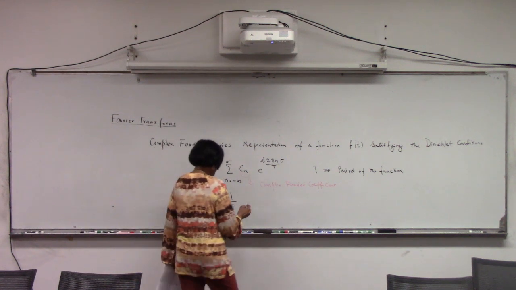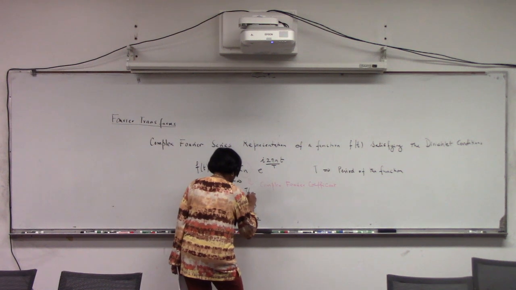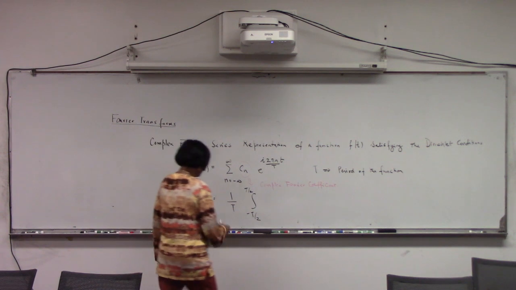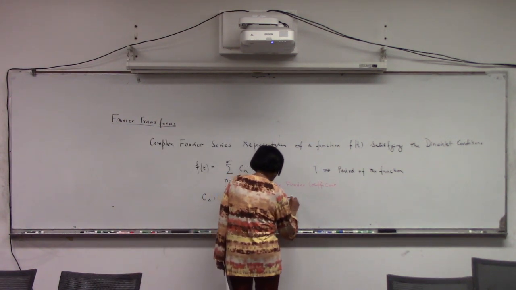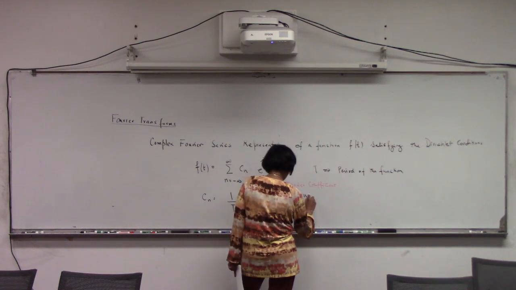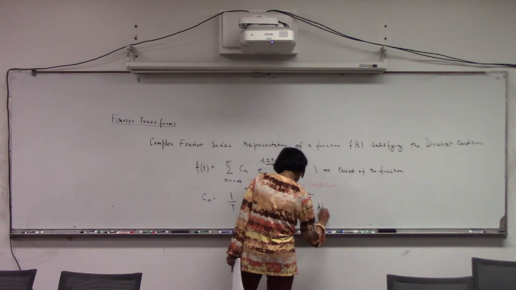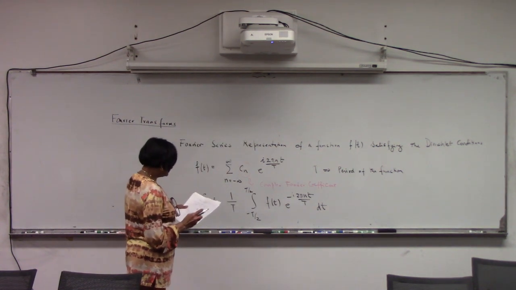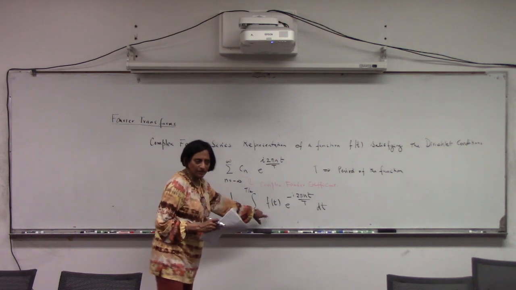1 over T, integration over one period. In this case, T, we can put 0 to T or whatever it is, but minus T over 2 to T over 2 is fine, of f of t exponential of negative i 2 pi n t over T. Alright, so this is how the Fourier coefficient is given.